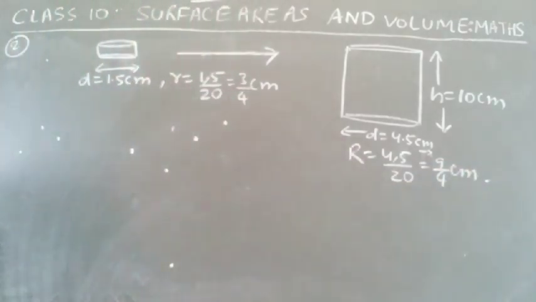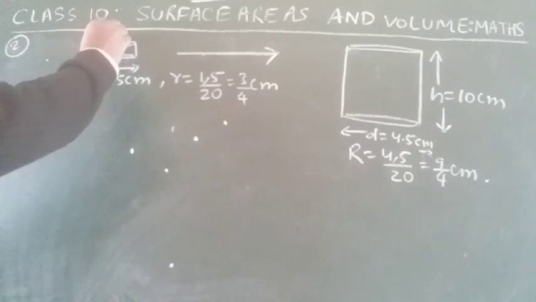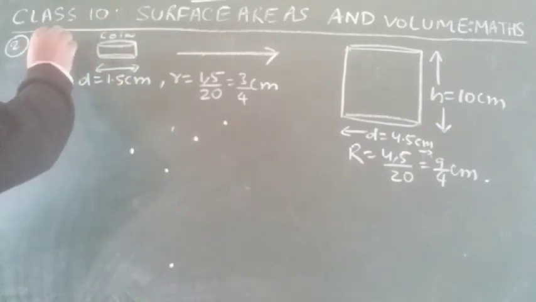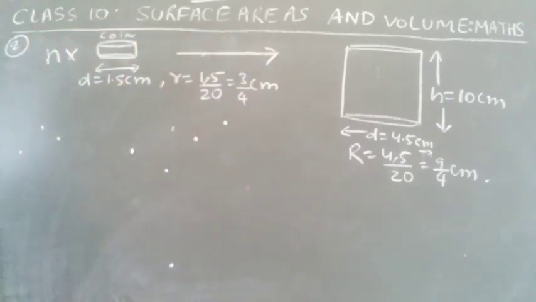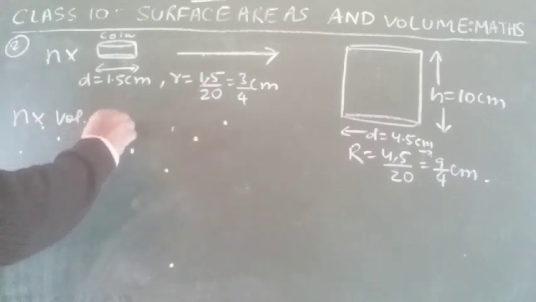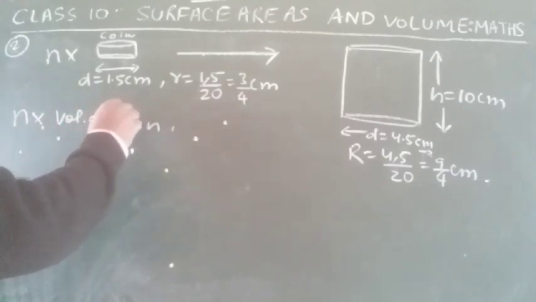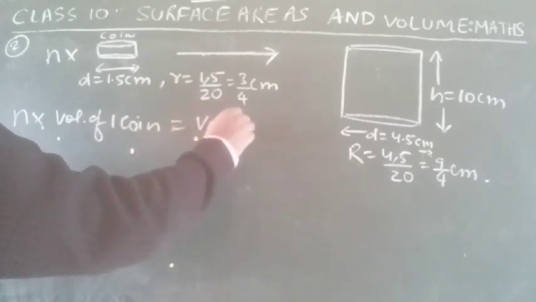So how many coins do we have to melt and change into a cylinder? The number of coins times the volume of one coin equals the volume of the big cylinder.